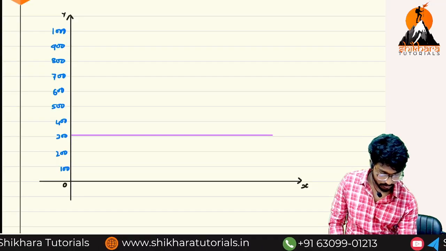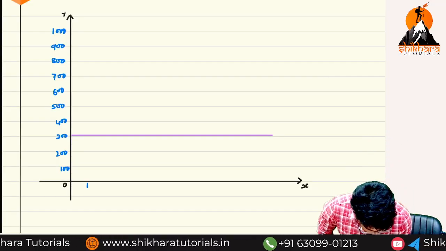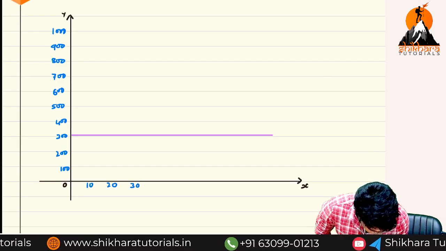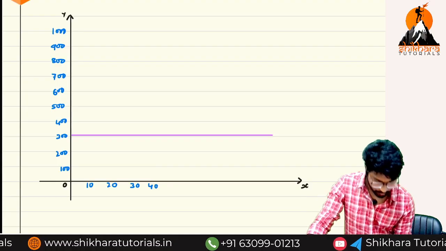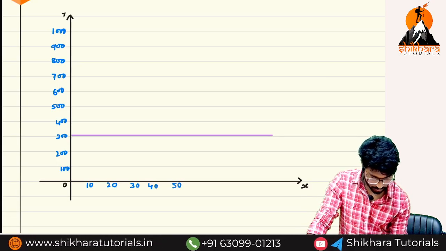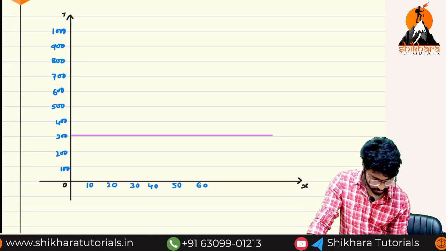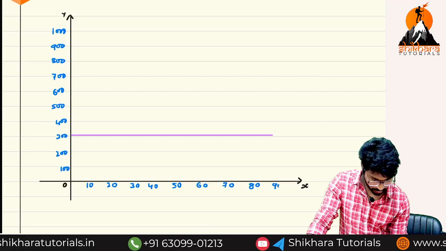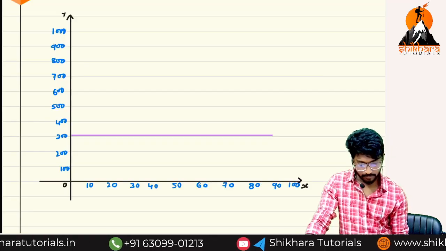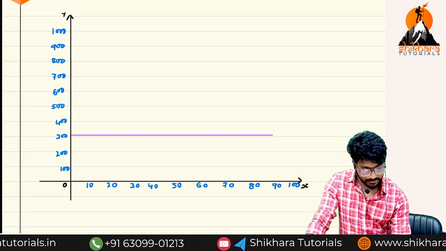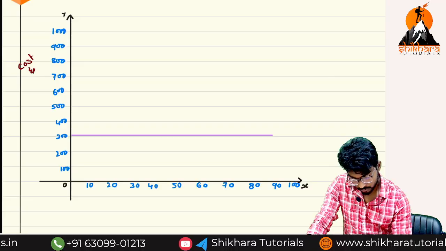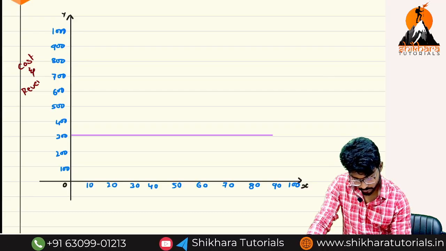Now, next, 10, 20, 30, 40, 50, 60, 70, 80, 90. On the Y axis we are taking cost and revenue.